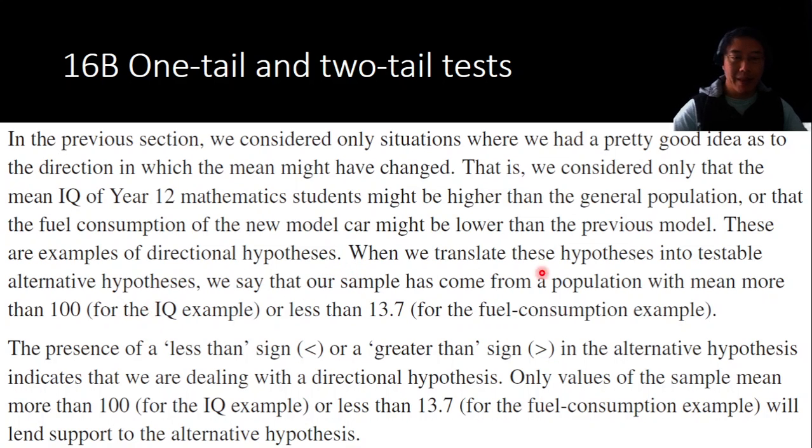When you translate that, you're going to say the mean is more than 100 in terms of the IQ, or in the fuel consumption, it's going to be less than 13.7. We use the inequality symbol for the alternative hypothesis. That's the way we annotate the alternative hypothesis in those situations.